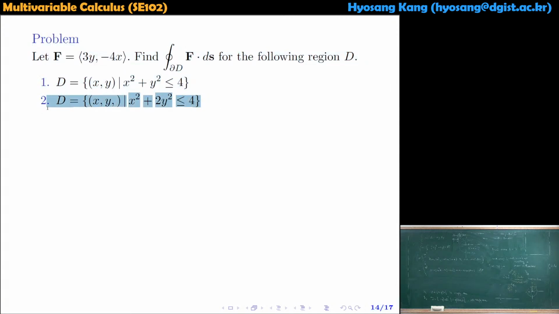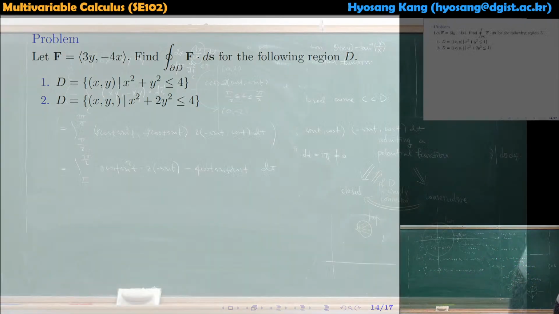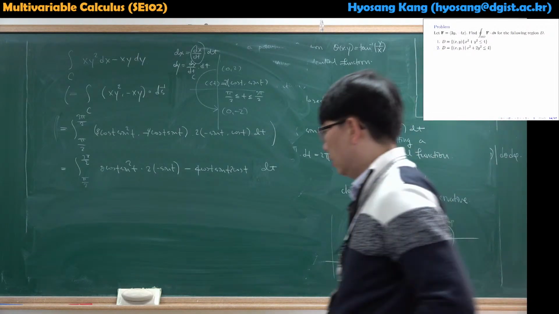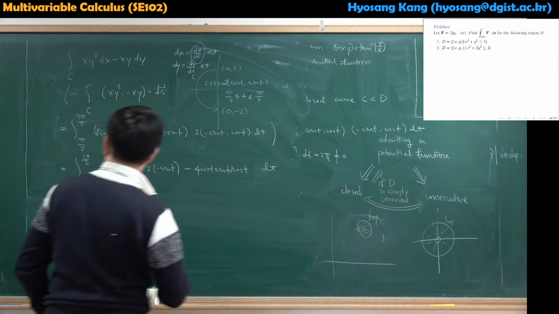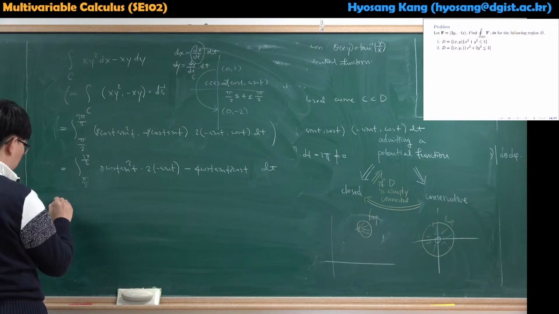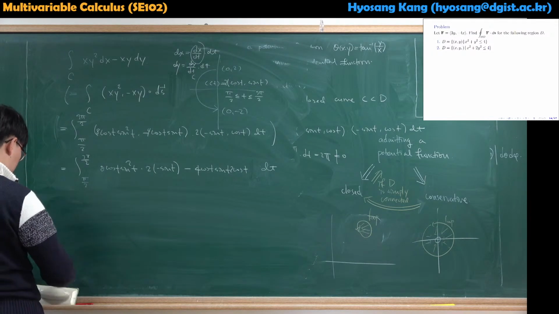How about this one? So you have an elliptic area. In that case, you can always parameterize also by cosine and sine. Here we have a problem.